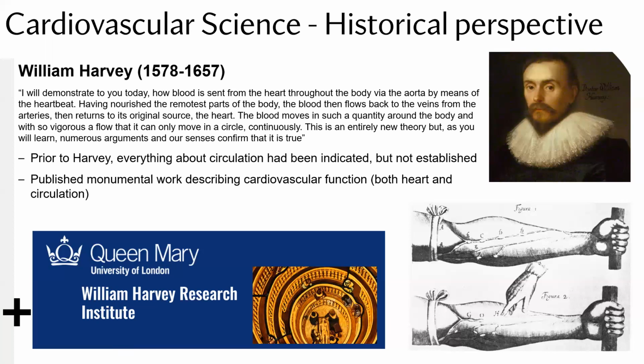Then he would block the vein with his finger, showing that the rest of the vein back to the heart would empty, meaning there's a directionality to the blood flow on the vein side that is not the same on the artery side. So basically, he showed that there is flow back towards the heart through the veins.